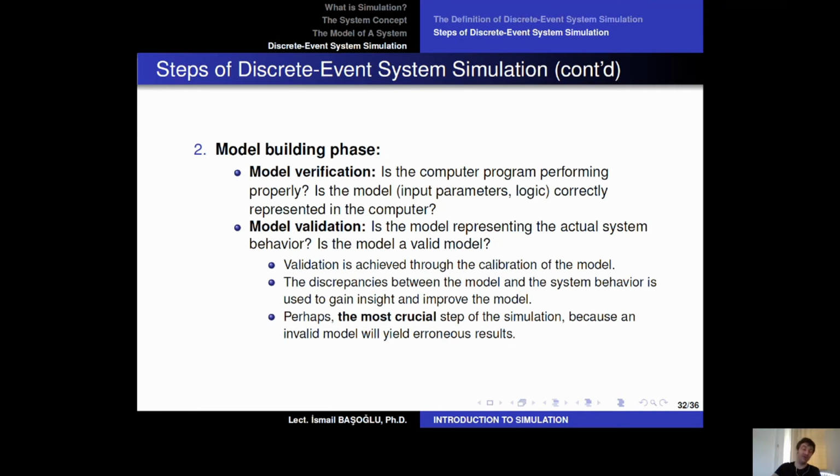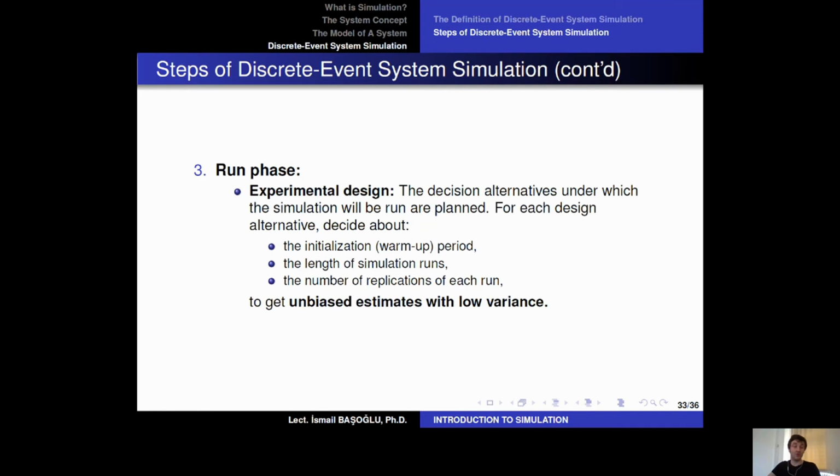So we need to be very careful at this point, and we need to be sure that the simulation model that we have created is a valid model and represents the original system correctly. I'm not saying perfectly, but correctly. A perfect representation is impossible.